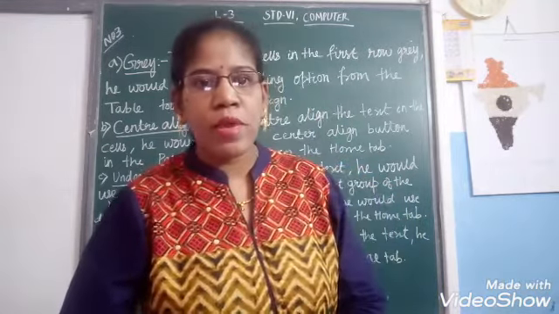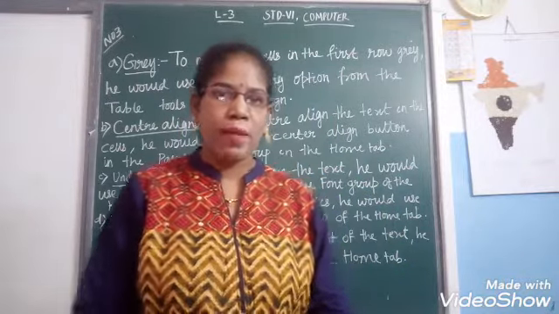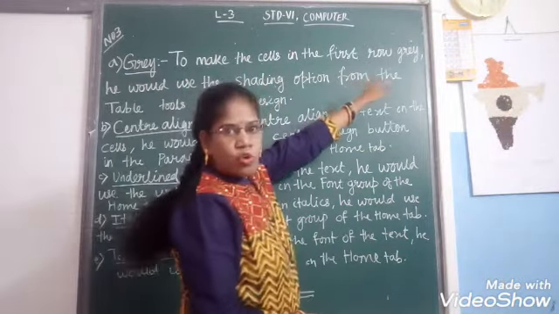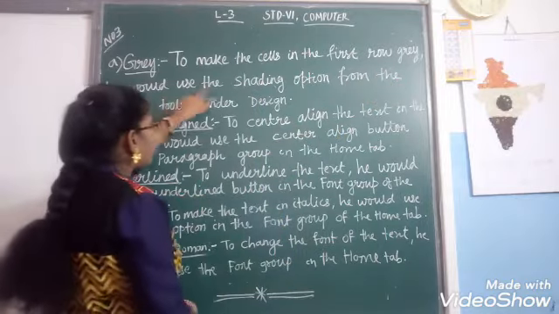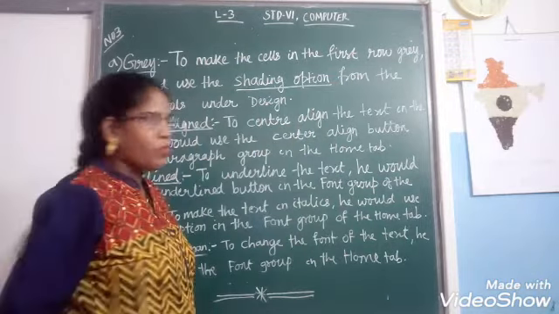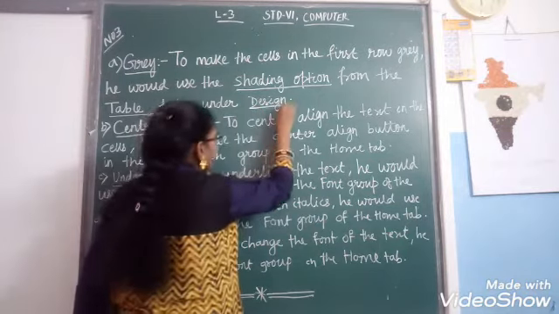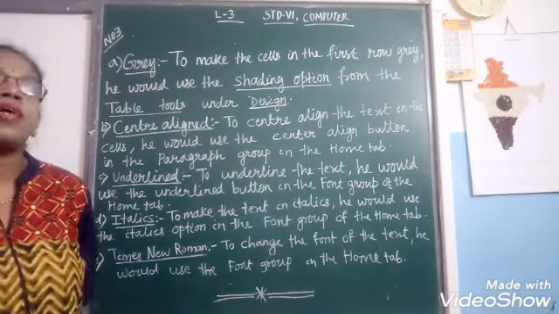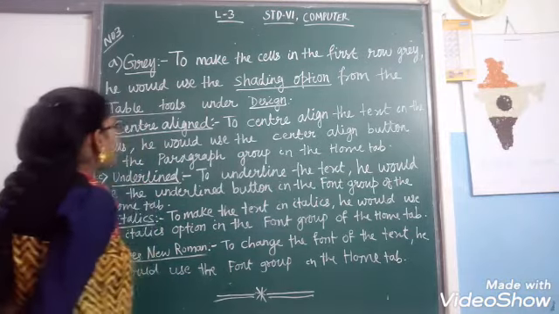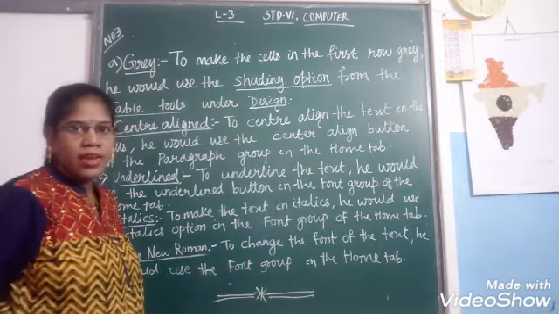So Iyer, to make the first row grey, what will he do, and from which tab? To make the cell in the first row grey, he would use the shading option from the table tools, under the design tab.